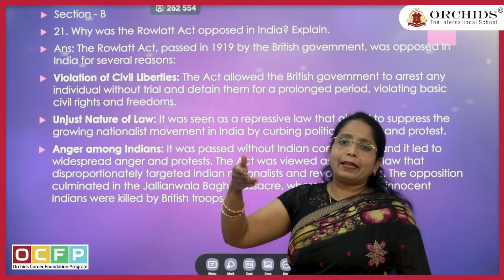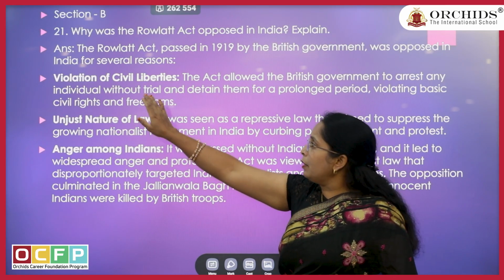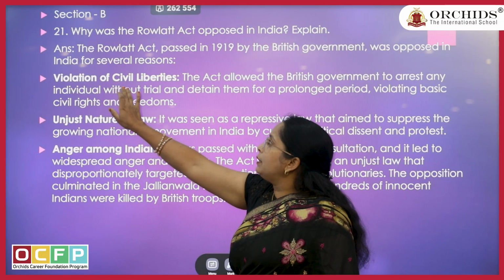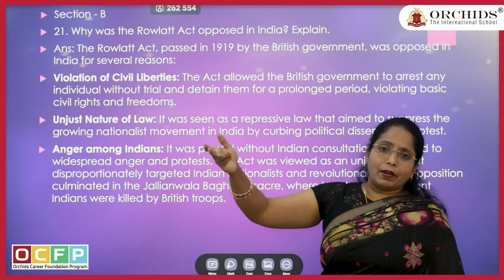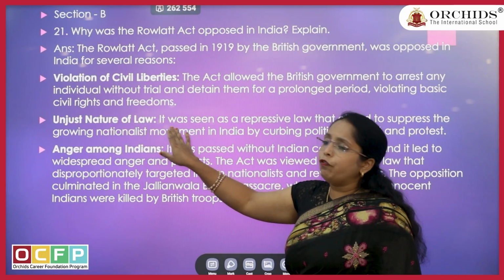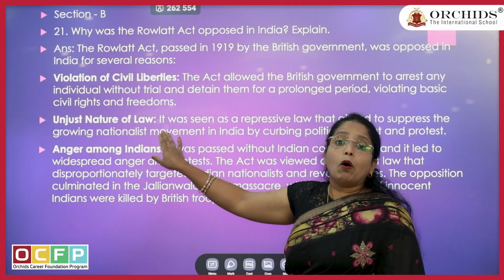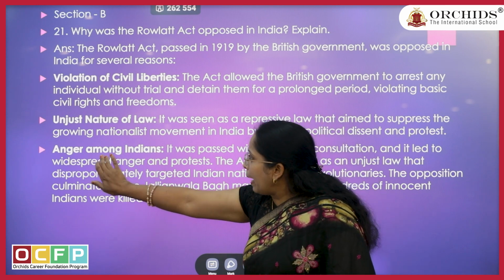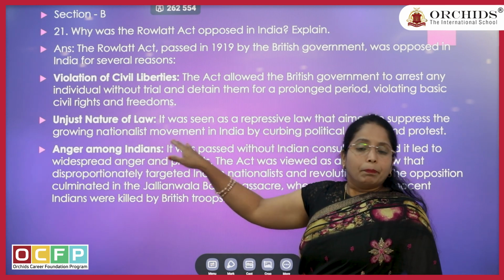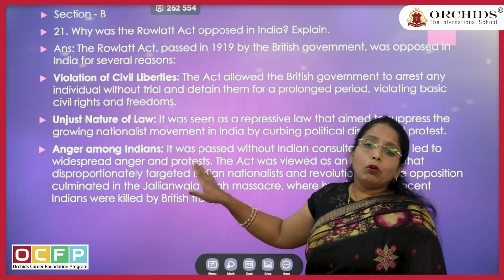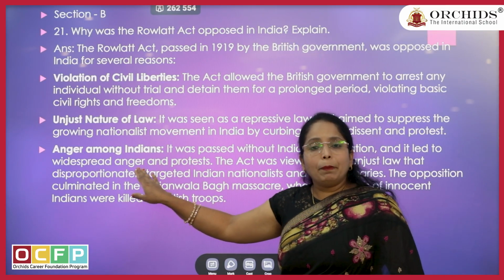Those who are going to write the upcoming board examination, you should read in detail about civil liberties when you go through the text. The citizens of the country need liberty. Then unjust nature of law. The law should always be just toward the citizens of the country. Anger among Indians. Indians were already not at all happy with the rule of the British government, and the people were angry.